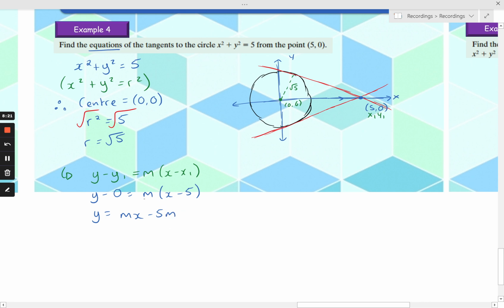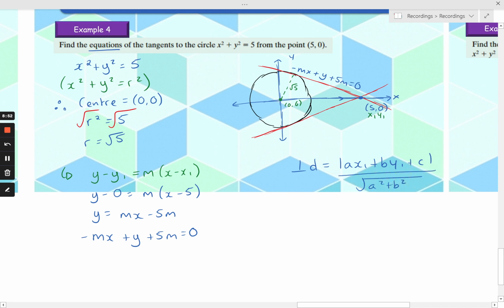I'm going to rearrange this by bringing it over, so I get minus mx plus y plus 5m is equal to 0. And now I know that the perpendicular distance between these two lines and the centre of the circle is going to be the same as the radius, which is the square root of 5. So again here I'm going to use my perpendicular distance formula to help solve for m, all over the square root of a squared plus b squared.